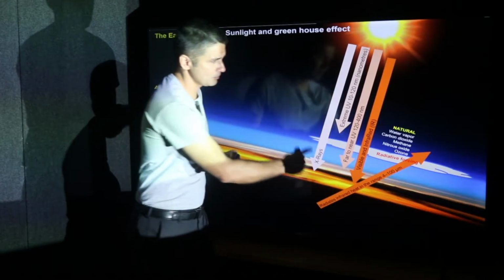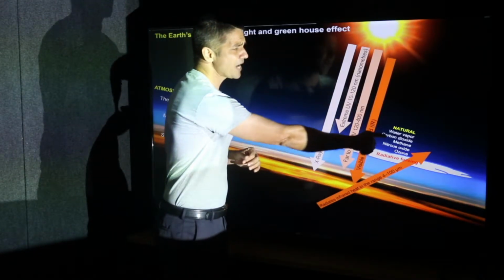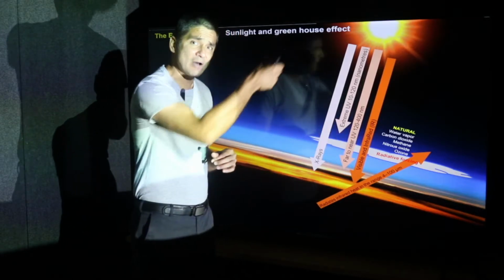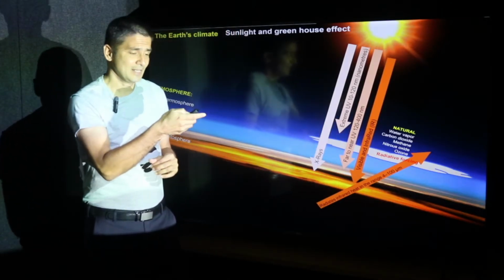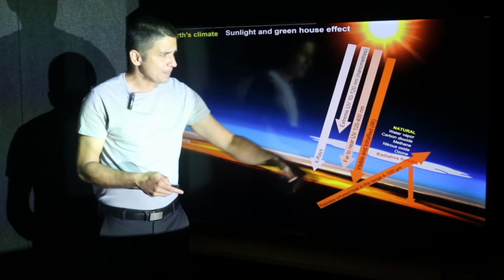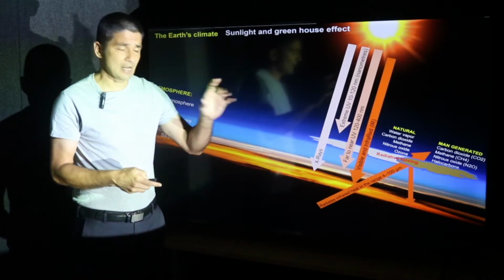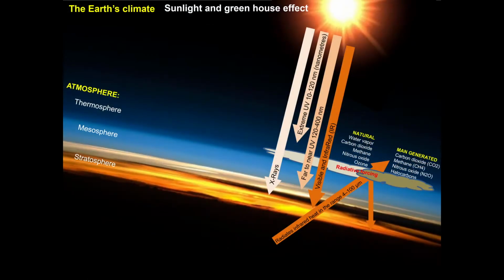As a result, some of that energy gets trapped by the same gases that allowed that energy in the first place to come in. Some of that energy gets trapped, and some of that energy escapes to outer space. Unfortunately, when we start increasing the concentration of greenhouse gases in the atmosphere, more of that energy that is bouncing back is retained within our atmosphere, and that leads to warming.